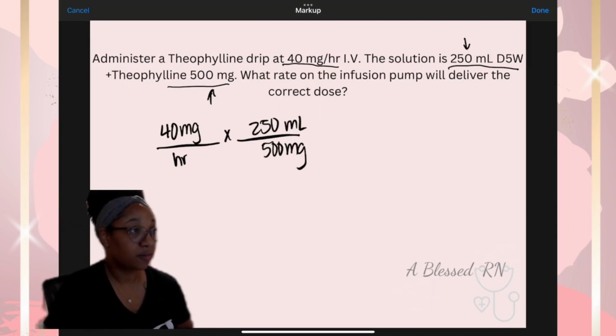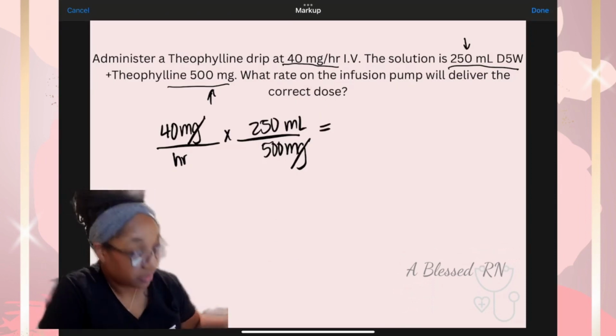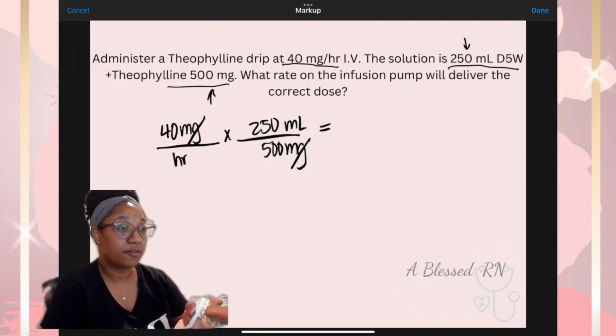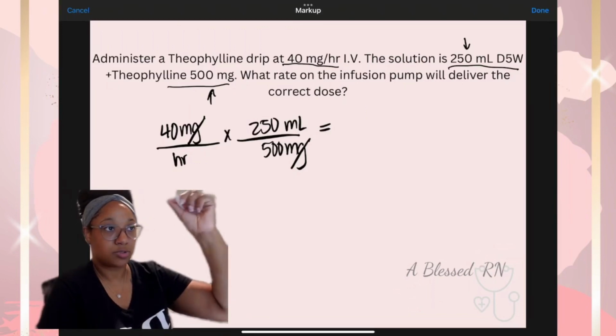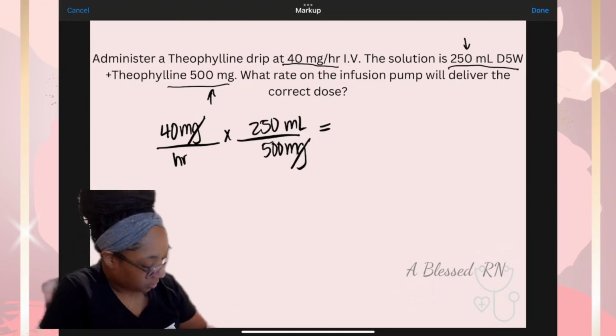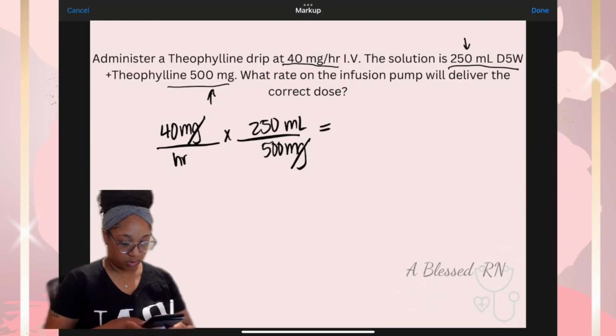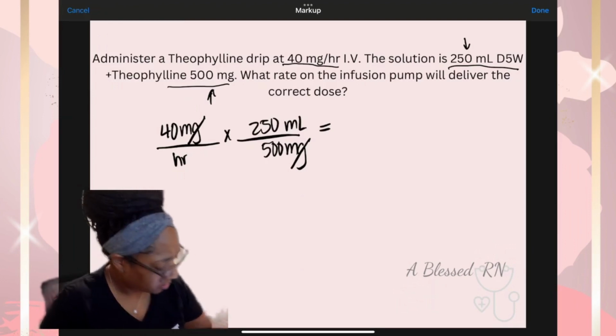And so what are we looking for? Milliliters over hour, right? And you see that your milligrams are going to cross out. It's just as simple as setting that up. You know what you're looking for. Then you have your conversions, and make sure that you set it up where you cross it out top and bottom, okay? So 40 times 250 is going to equal 10,000.